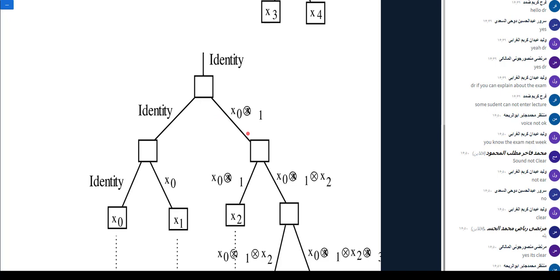So the root receives the identity element from up, which we talked about earlier, and moves it to the left.